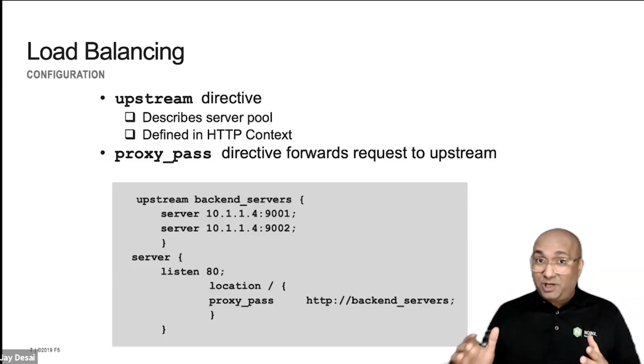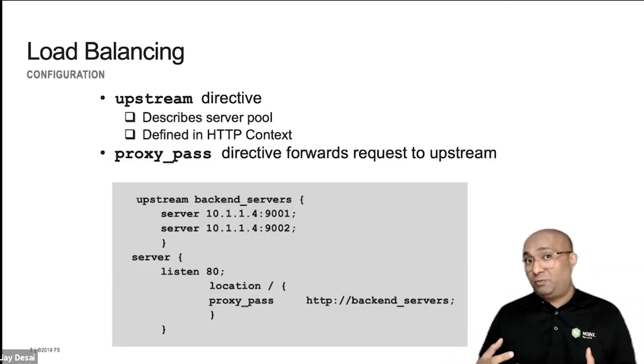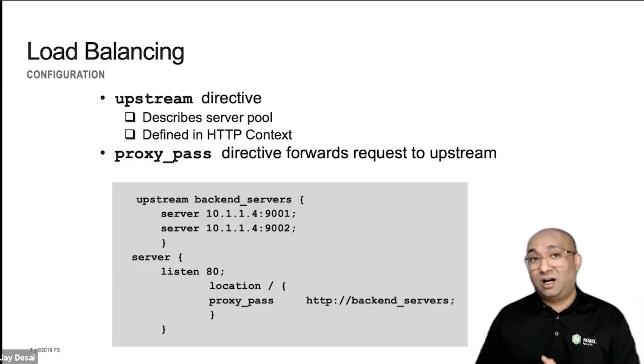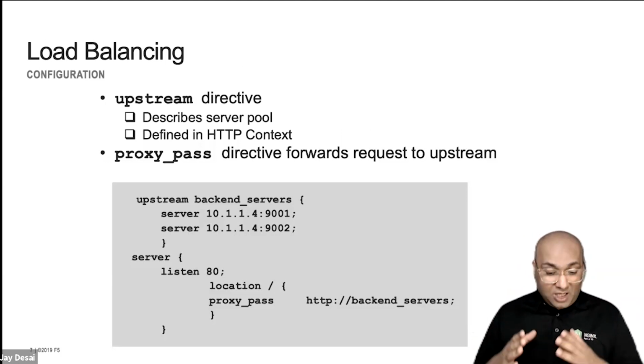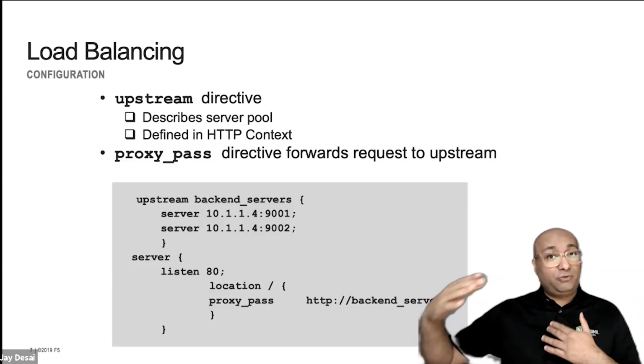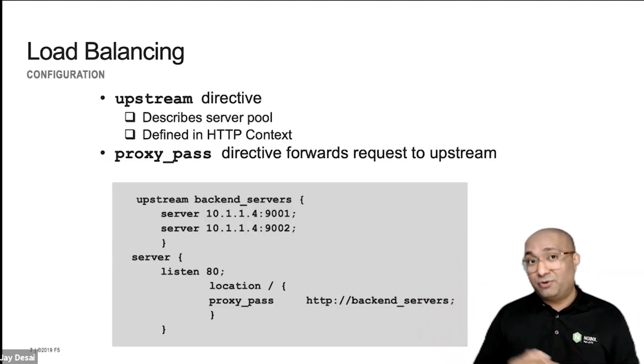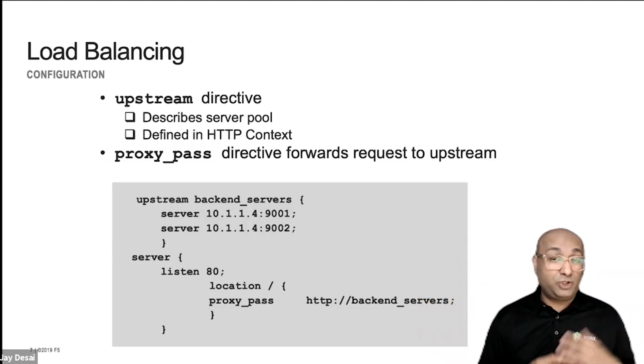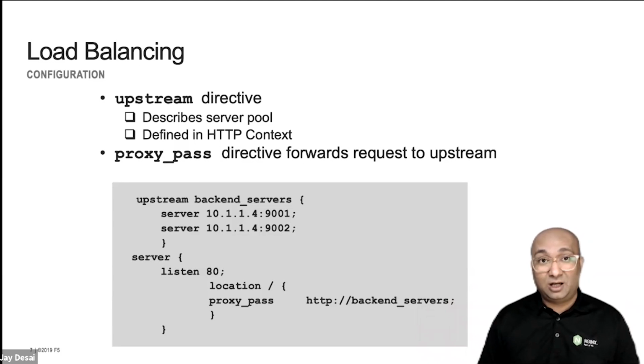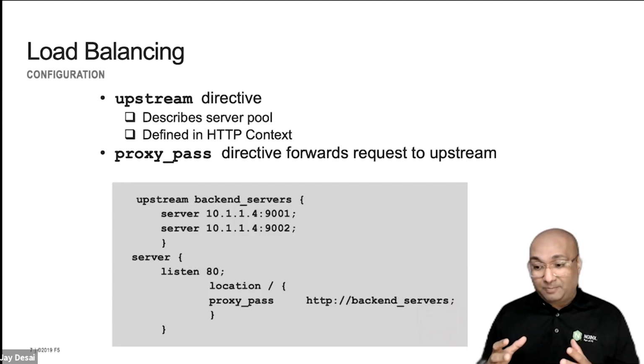For HTTP load balancing within NGINX, we use what is known as an upstream directive, and the upstream directive sits in the HTTP context. Now, if you're not familiar with the configuration and the contexts within the NGINX configuration file, I've done another video on that, which you can view, and I'll post a link in the comments below.